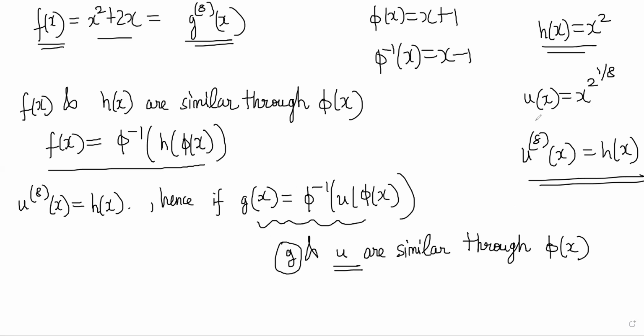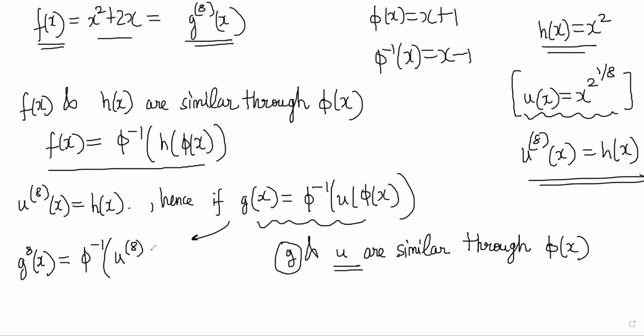u we have taken as x power 2 power 1 by 8 because this composed 8 times becomes h, right? So if g and u are similar through phi of x, then we can say that g of 8 of x should be equal to phi inverse of u of 8 of phi of x, right?